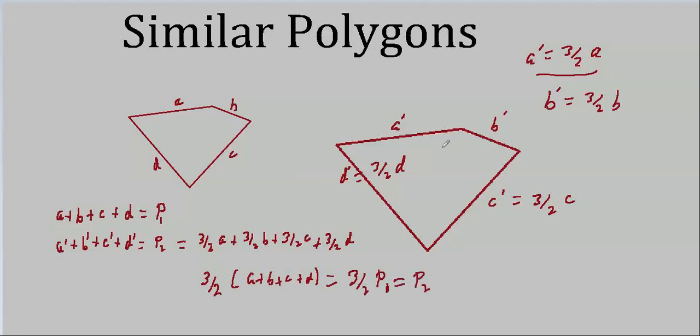So the perimeter of this one is 3/2 the perimeter of this. If this perimeter was P1, here we have P2. Well, it turns out P2 is 3/2 of P1. In other words, the ratio of the two perimeters is exactly the same as the scale factor, or the ratio of the sides. The perimeter got scaled exactly the same way the sides did. That's probably what you expected, but now you know. What you expected is exactly right.